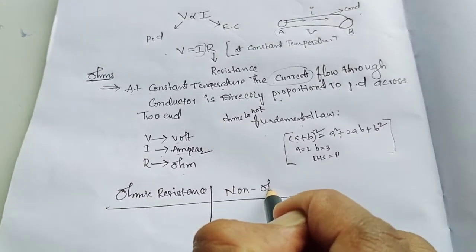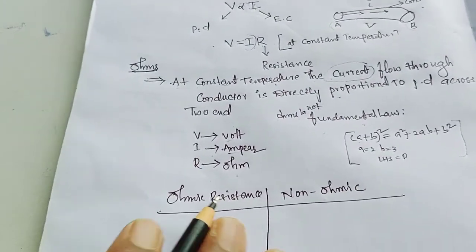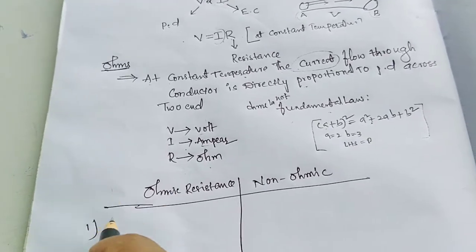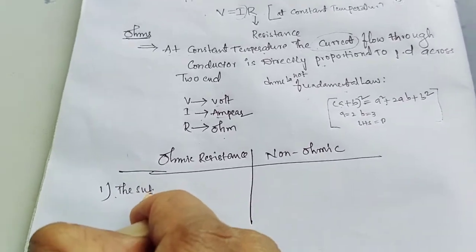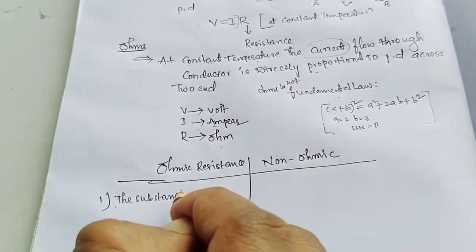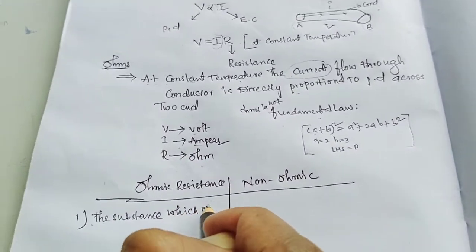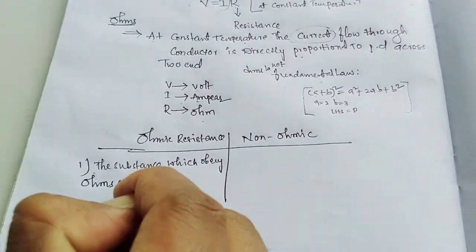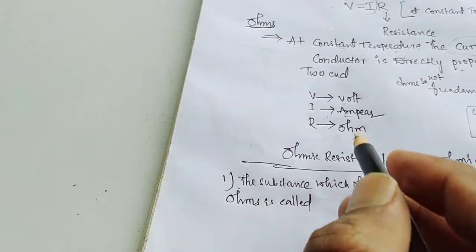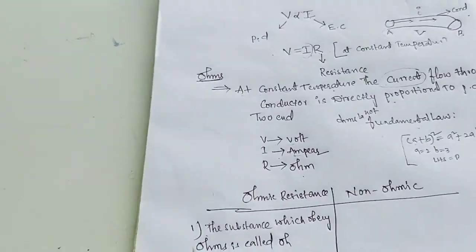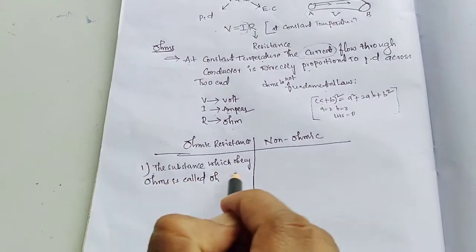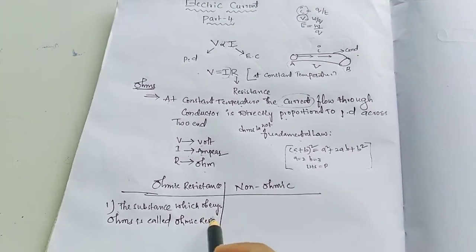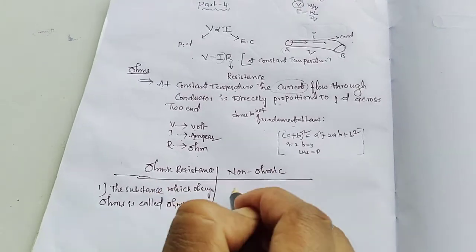Ohmic resistance means the substance which obeys Ohm's law is called ohmic resistance. And non-ohmic resistance is quite the opposite.